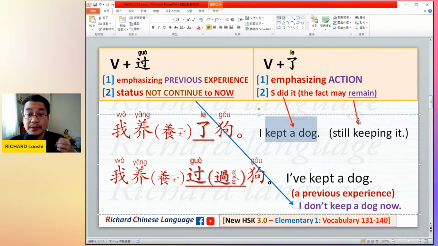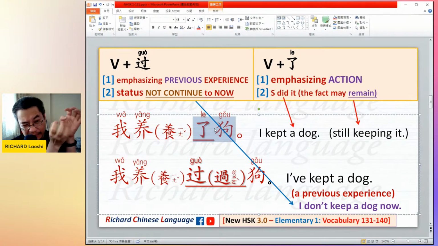Maybe I adopted a dog in an animal shelter, and I'm still keeping it at home. I'm still keeping it as a pet, so that you can say, 我养了狗.